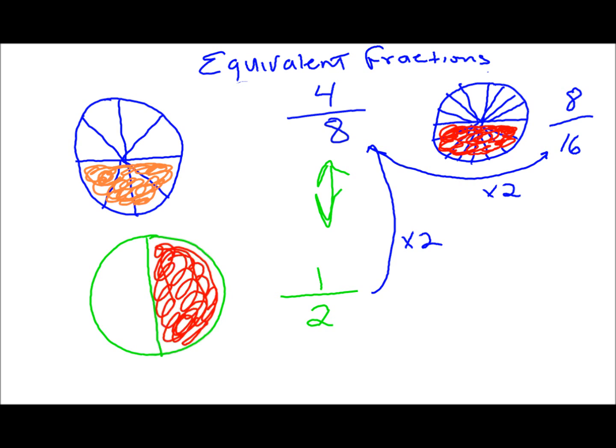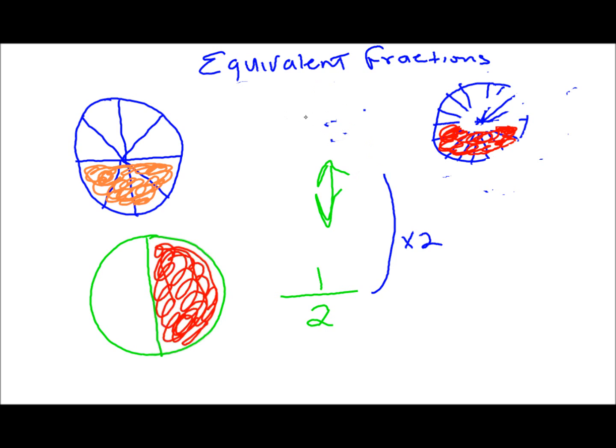So without drawing the model, let's take a look at something and see if we can actually work this out. So we have here, and I think I need to clear some space for us so we can actually work these particular problems. The only thing we're doing is I showed you from a model.